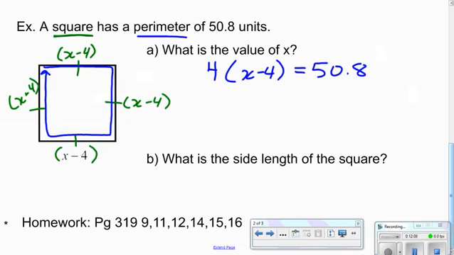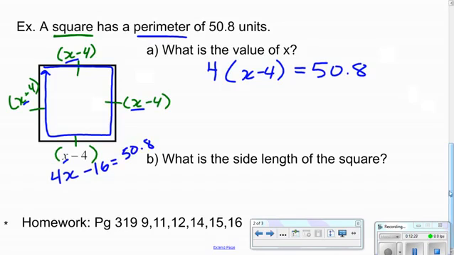You could also have gone 1, 2, 3, 4 and got 4x minus 4 minus 8 minus 12 minus 16 equals 50.8. So you could have added them up separately when you go around the perimeter.